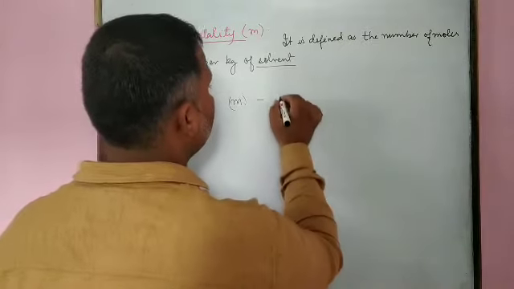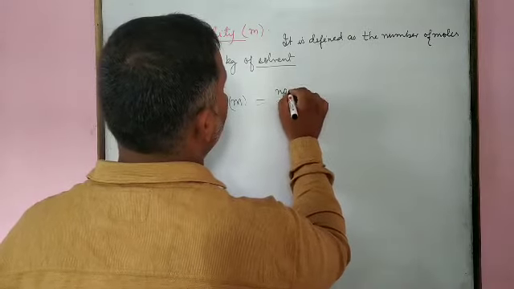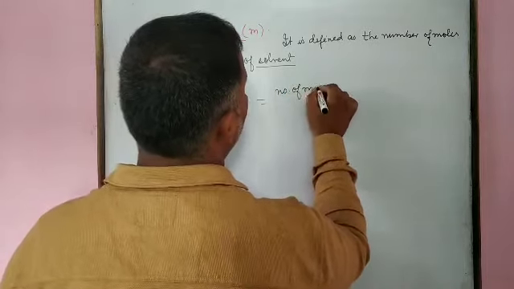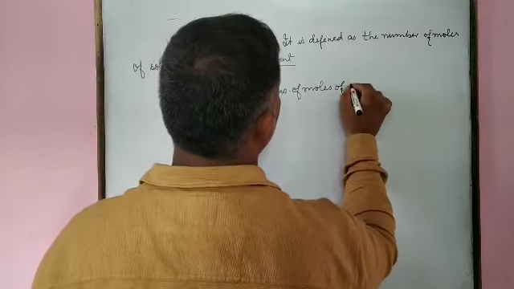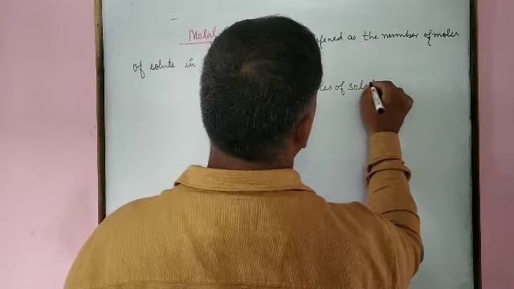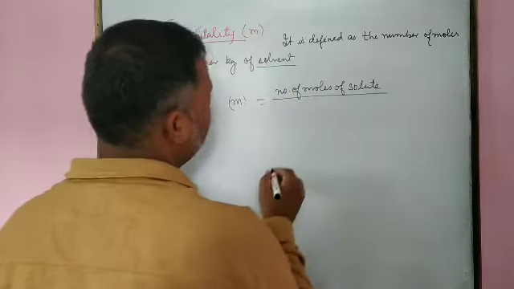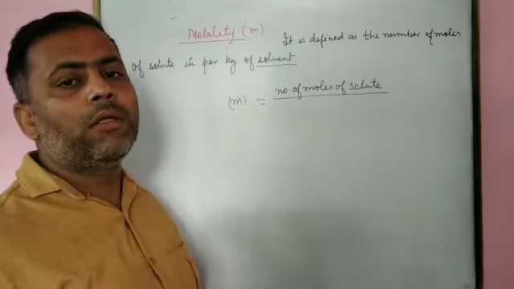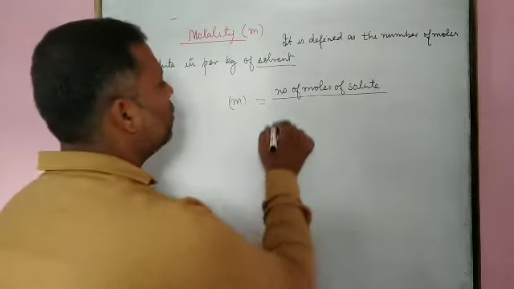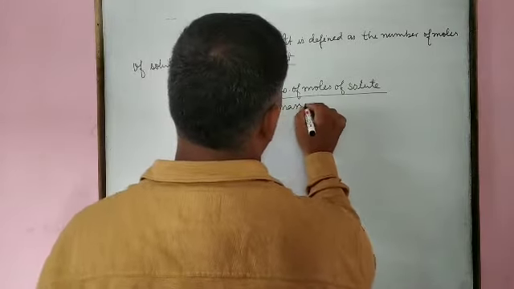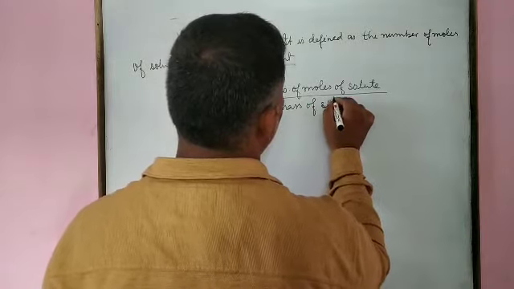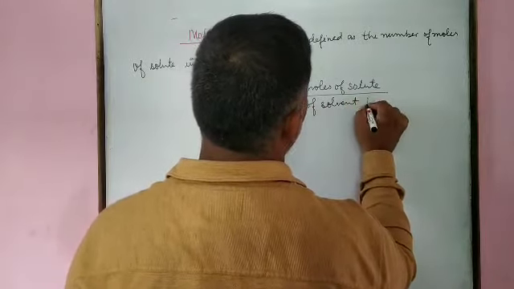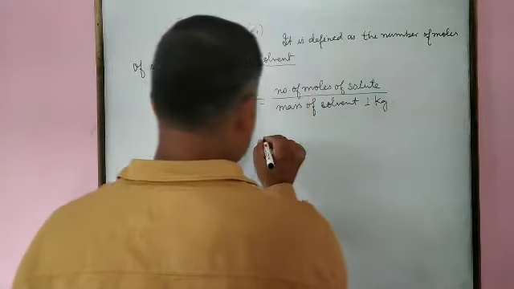m equals the number of moles of solute divided by per kg of solvent, the mass of solvent, that is 1 kg. You can simplify it.